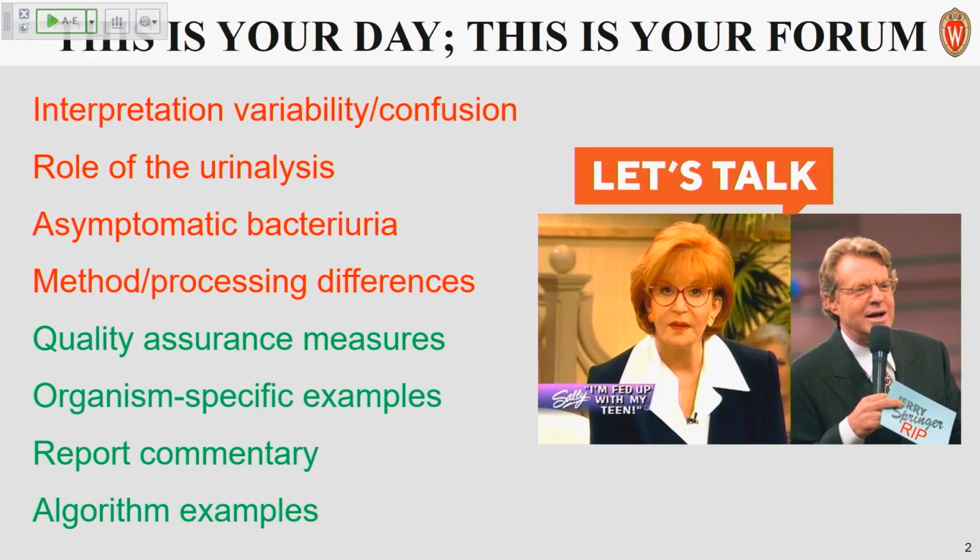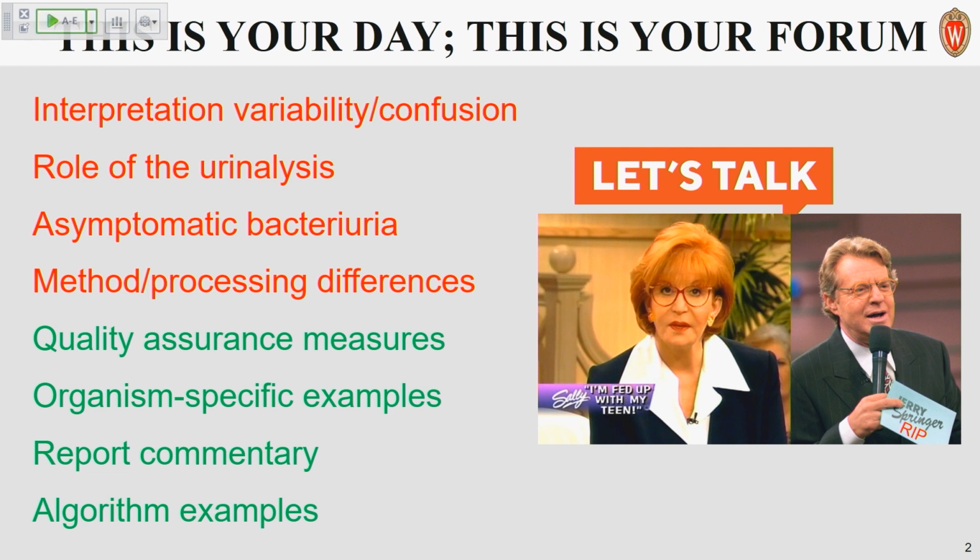All right. So this is our brief summary of what we're going to talk about today. Some interpretation variabilities, the role that urinalysis plays in our micro world, asymptomatic bacteriuria, method and processing differences for different specimens, different patient types, some quality assurance measures, organism-specific examples, some examples of commentaries you could add to your reports to help providers in their treatment, and then some examples of different algorithms.